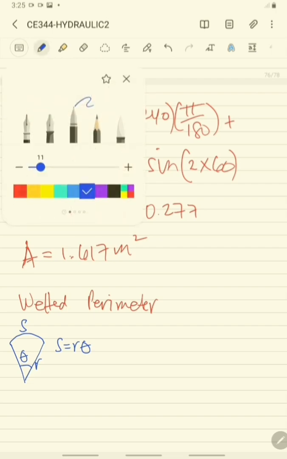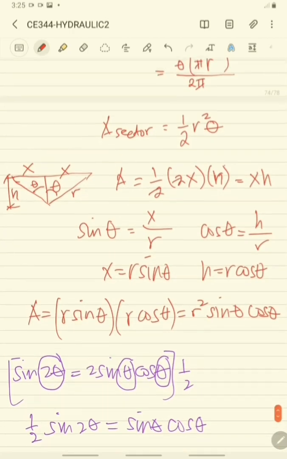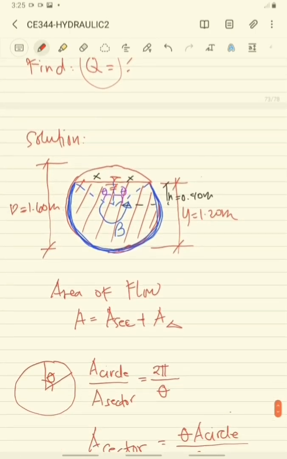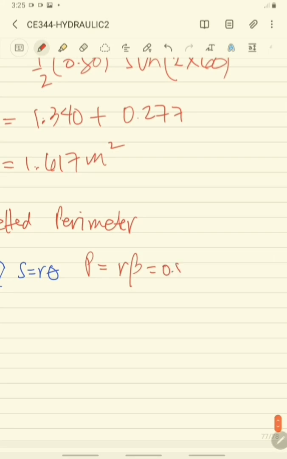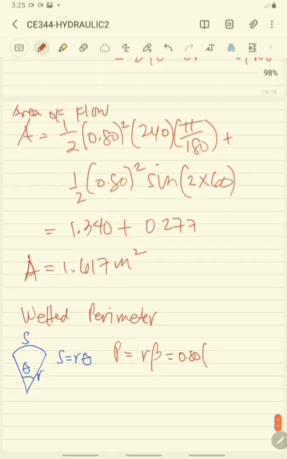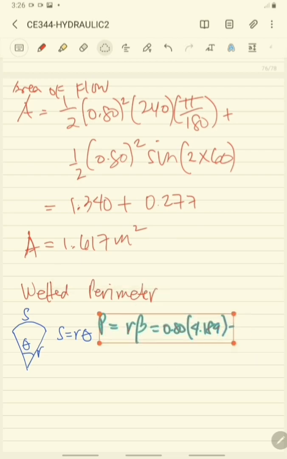Here the angle of our sector is beta, so the wetted perimeter is 0.80 times beta in radians, 4.189, which is equal to 3.351 meters.